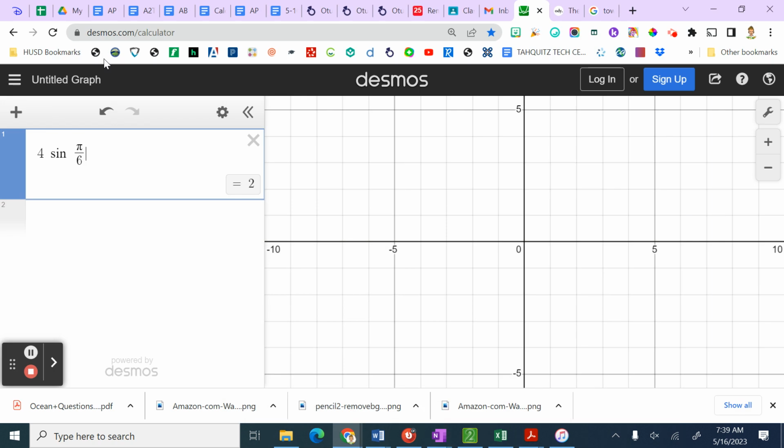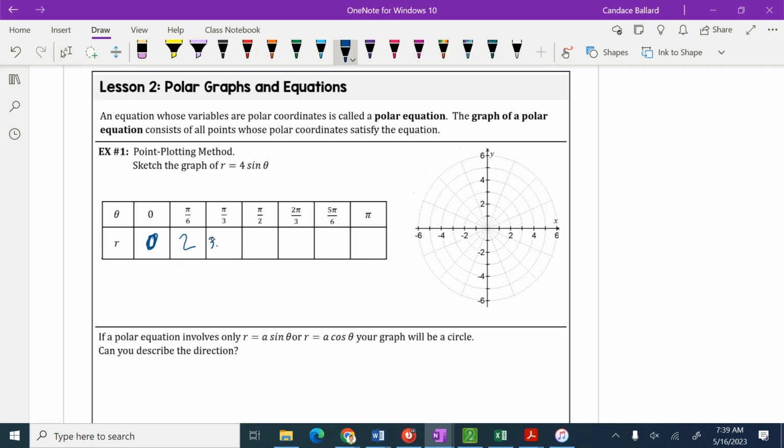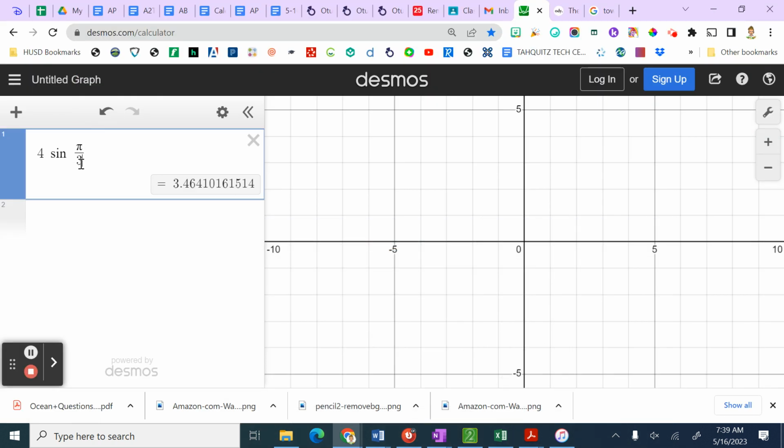It's not like we've never done this before, right? We've done stuff like this, just not with polar equations. All right, so pi over 3 I got, and I'm going to go ahead and use the decimal point for now, okay? 3.464. All right, pi over 2. Got a 4.